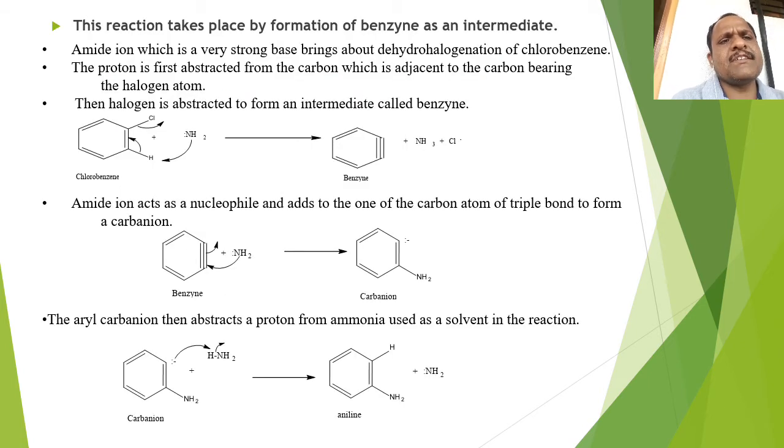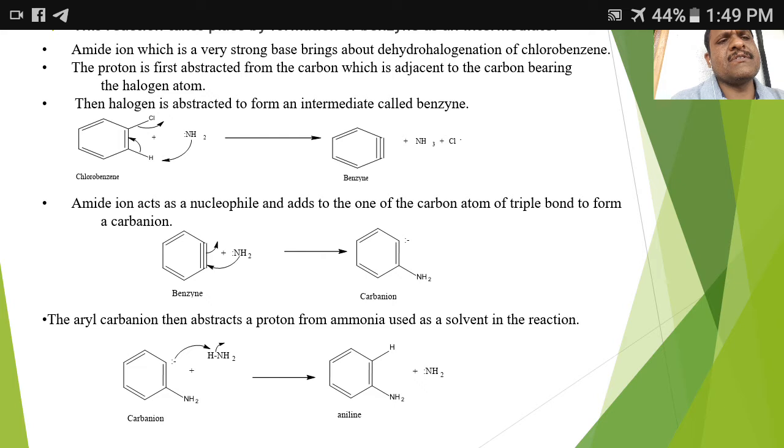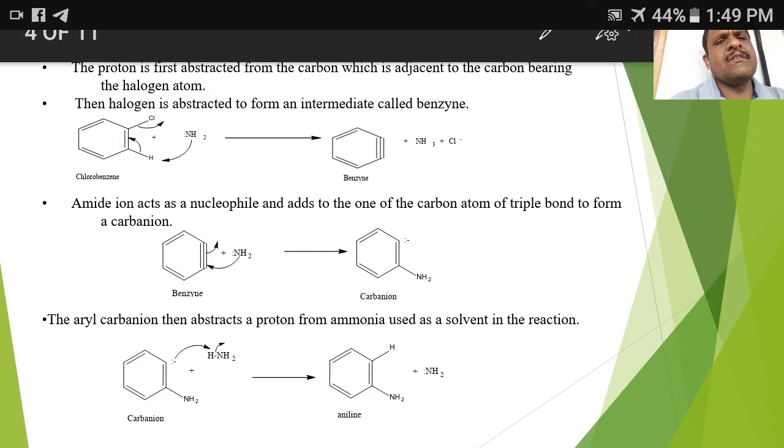How this reaction takes place can be understood with the help of the following steps. As I said, the first important thing is that the amide ion, which is obtained from sodamide or potassium amide, acts as a very strong base which helps in the dehydrohalogenation of chlorobenzene. So you know what dehydrohalogenation is.